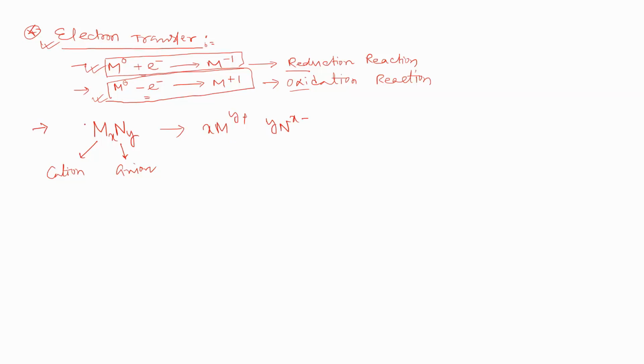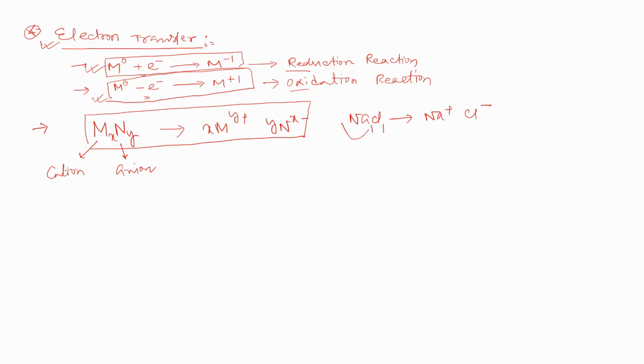Okay, so this is the strategy or the procedure to write a metal salt in terms of the cations and the anion. Suppose NaCl. NaCl will be like that, Na+ Cl-. Here sodium is 1, chlorine is 1.